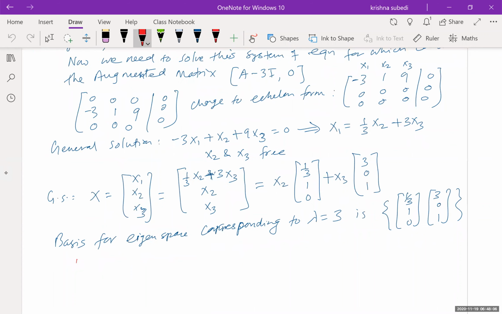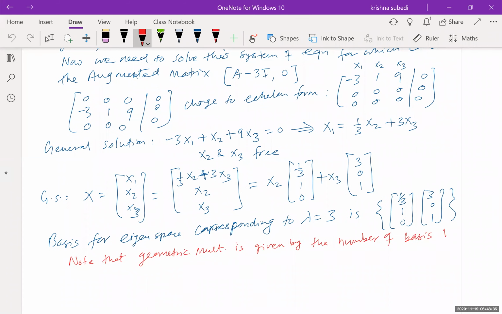So note that geometric multiplicity is given by the number of basis vectors of the eigenspace corresponding to the eigenvalue.